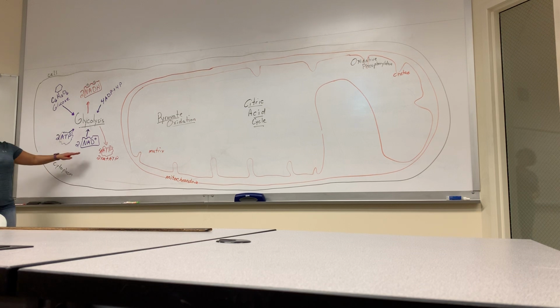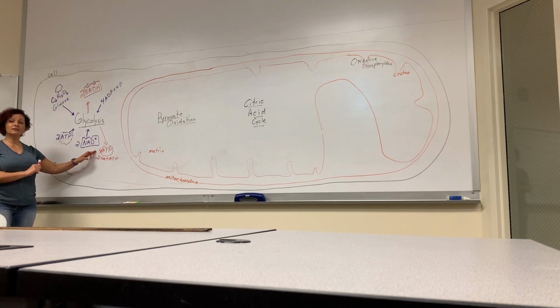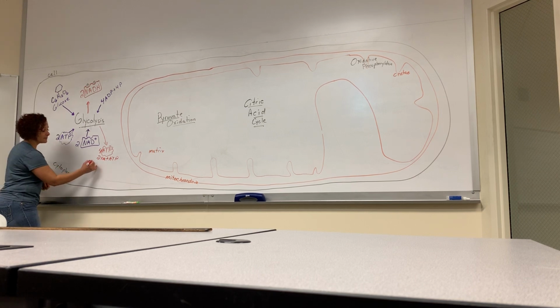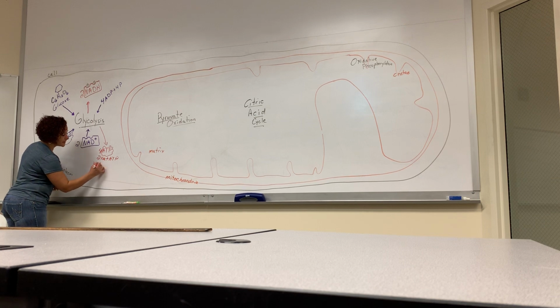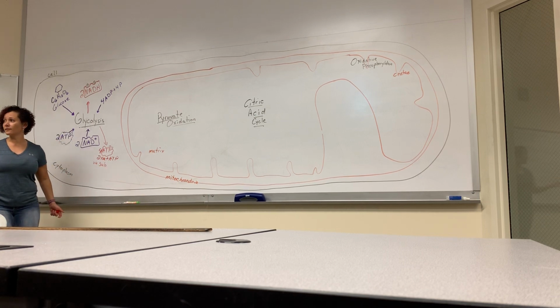And the process in which this is made is called substrate level phosphorylation. I'm not going to show you what that looks like here. Once we're done with all of this, I'll show you what it looks like. As far as on here, all you got to let me know is via substrate. What does that mean? It means there's enzymes involved, right?